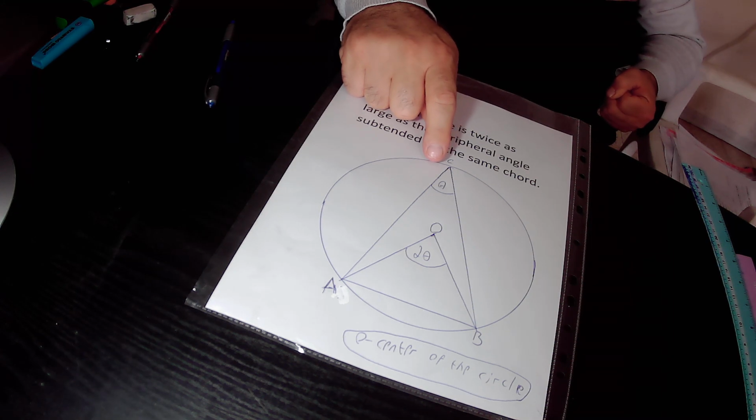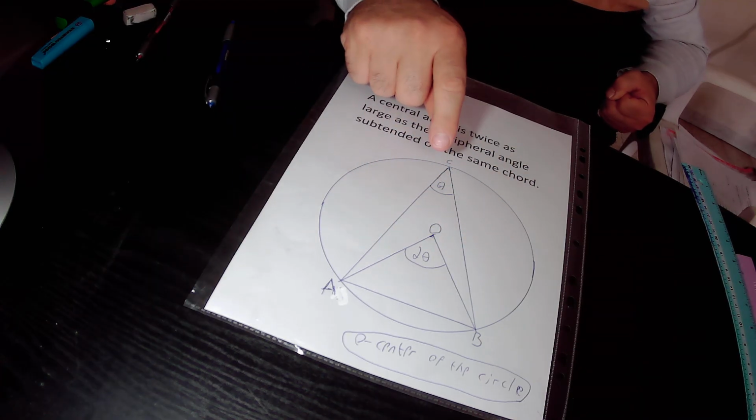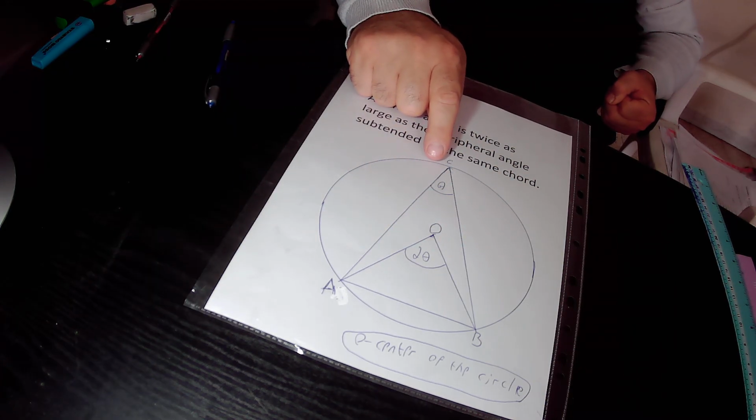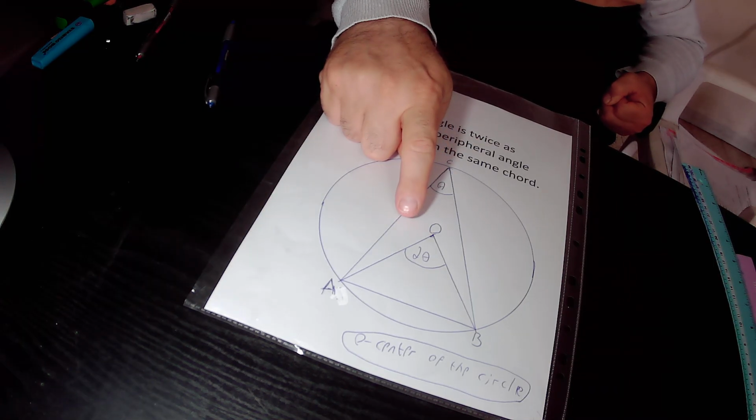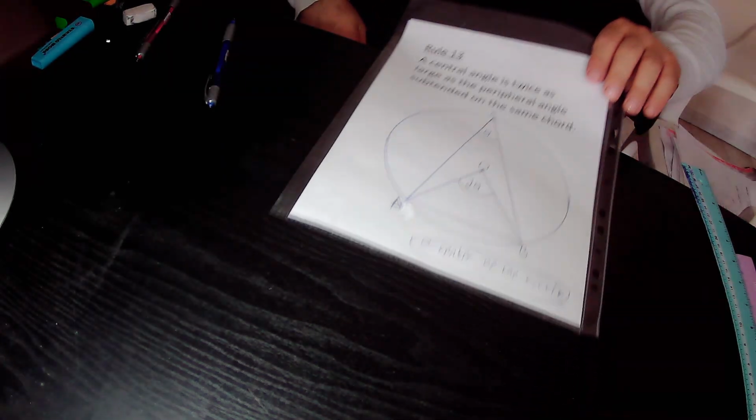The size of peripheral angle ACB is theta, therefore the size of center angle AOB must be equal to 2 theta. So we can implement rule 13 in our drawing.